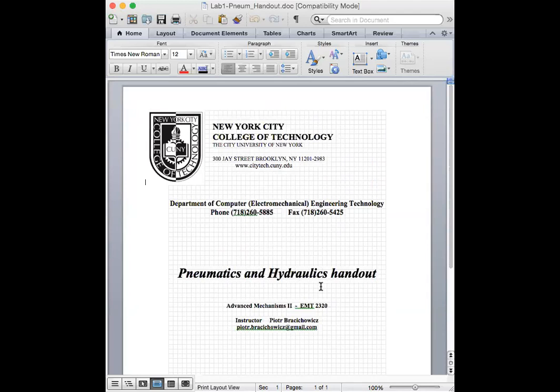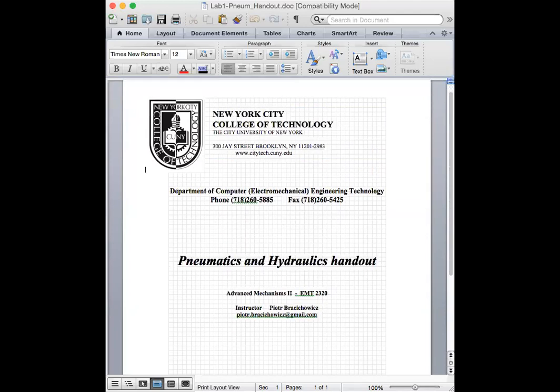From this handout, you can also open the reference to a given valve if you don't remember how it works, and you can go back and forth between the handout and the diagram of the system we analyze, and then you will understand how the component works.